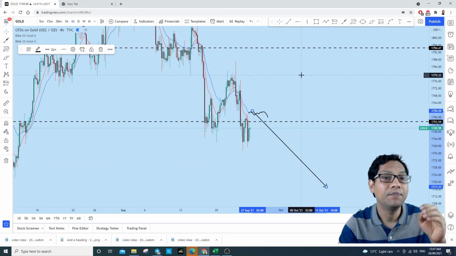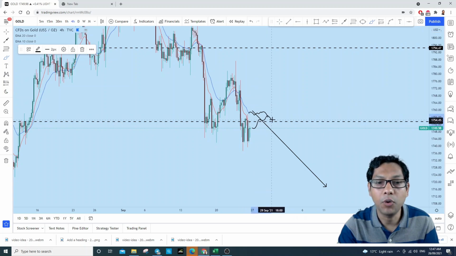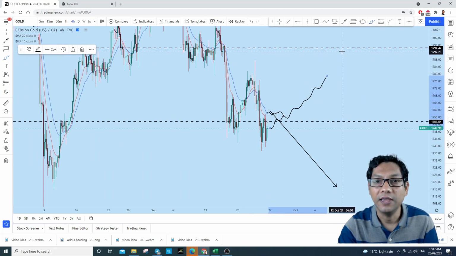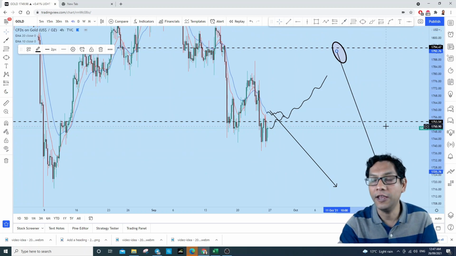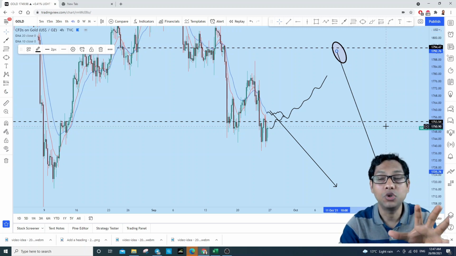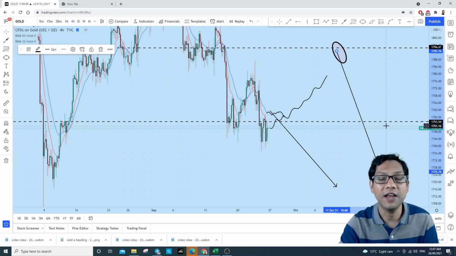On the other hand, if on the new opening of the trading week we see a complete bullish pattern, then we will be waiting to see if it comes to this zone, and we might see a drop from here. So we have to wait for the time, but these are the two zones where we will be watching our price action pattern carefully to see what happens.